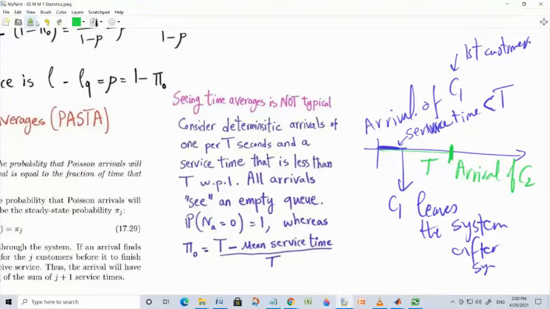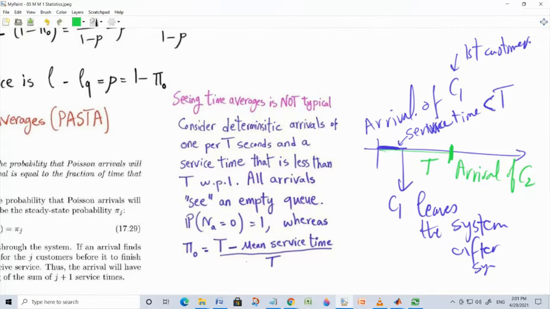Okay. But for someone investigating the whole time axis, is it true that the server is idle at all times? Of course not. There is a fraction of time in which the server is idle. So this will be T minus the mean service time, over big T. So again, from the point of view of an arrival, it's always the case that the buffer is empty.